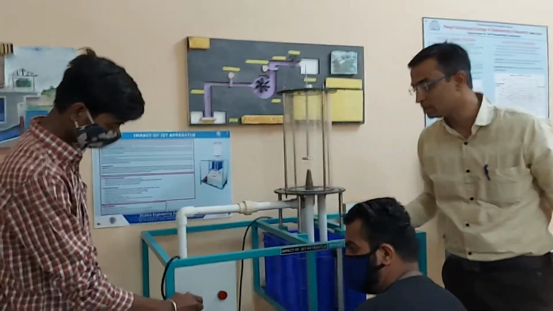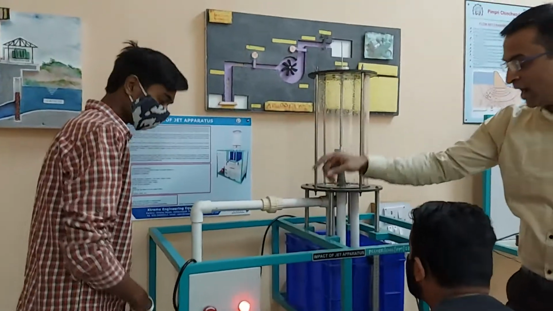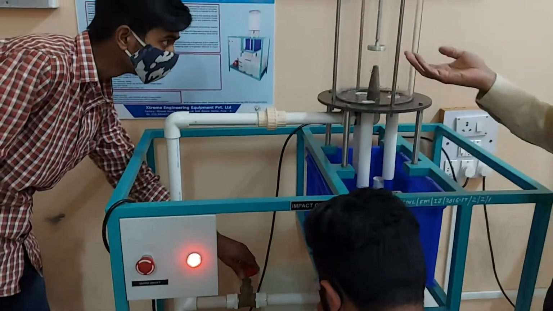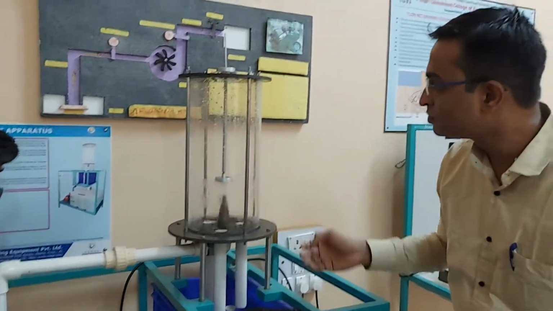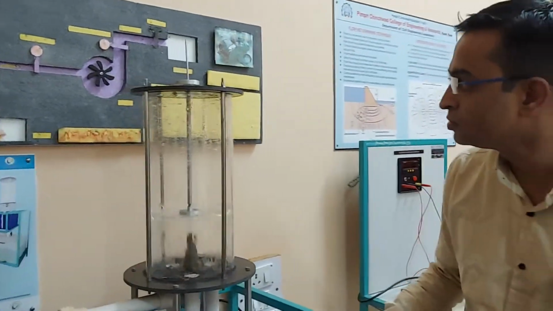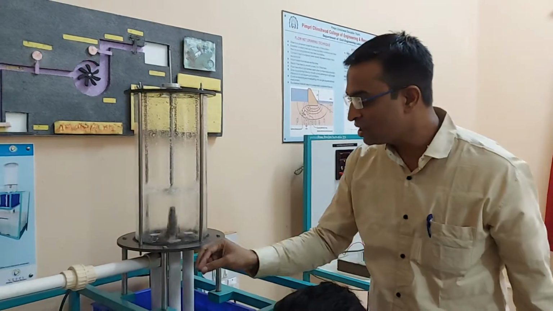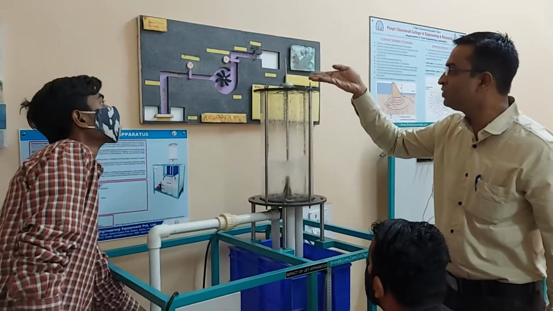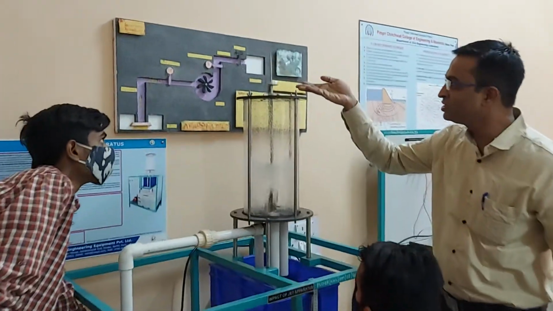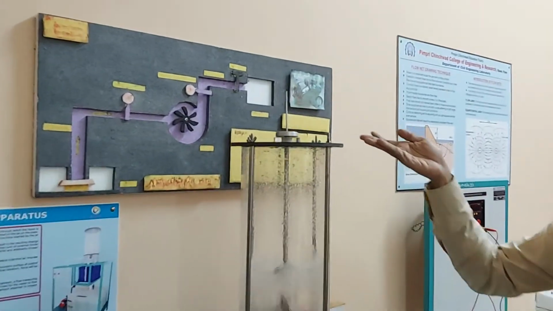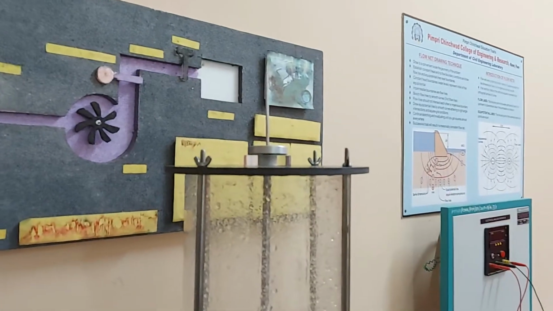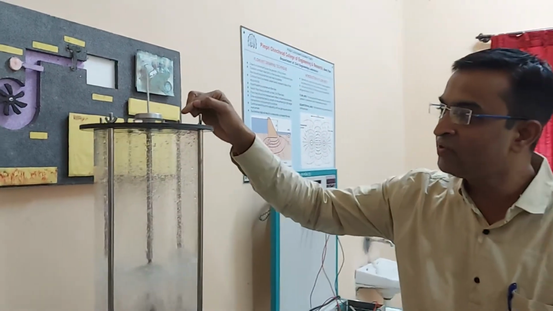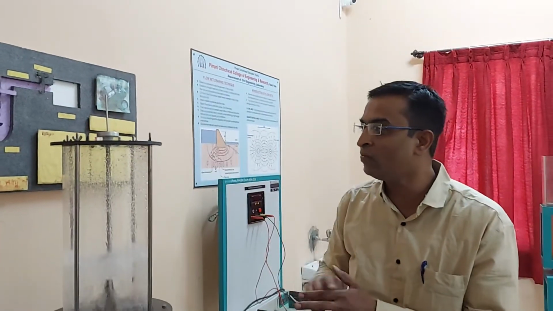First of all, start the motor. Now he will adjust the valve so that the force of water comes through the nozzle. He is adjusting the valve in such a way that this plate lifts by 1 mm. See how it is lifting. Now the force of water and the weight of this object are equal, which is why it is lifting by 1 or 1.5 mm.